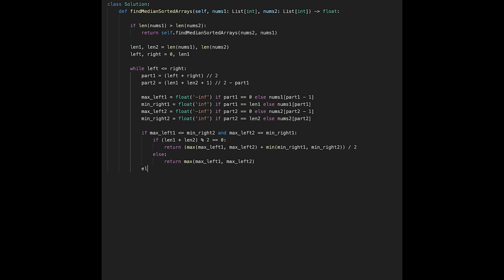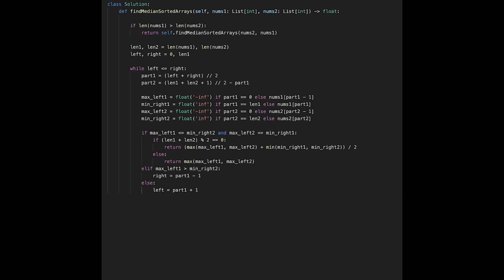If not the case, else if max left 1 is greater than minimum right 2, do you remember? In this case, we should move the right pointer to partition 1 minus 1. So right equals partition 1 minus 1. Else left equals partition 1 plus 1.